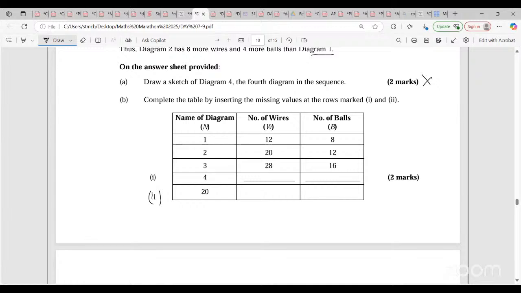All right, somebody said 36 and 20. That's for diagram 4. Aiden says diagram 4, 36. Tani said 36 wires and 20 balls. Someone said 36, 20, that's diagram 4. All right, cool.